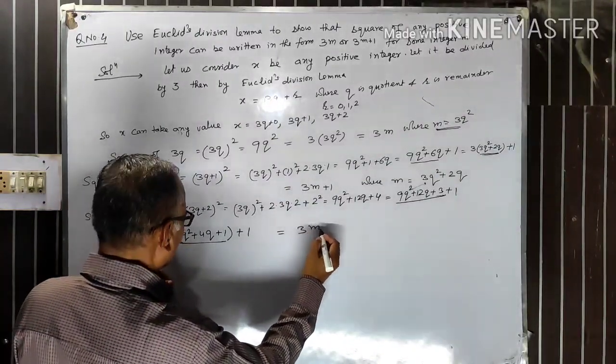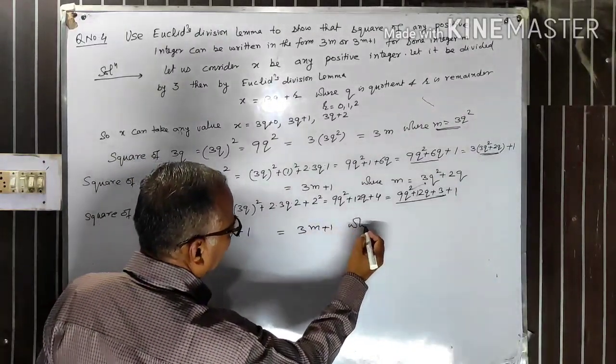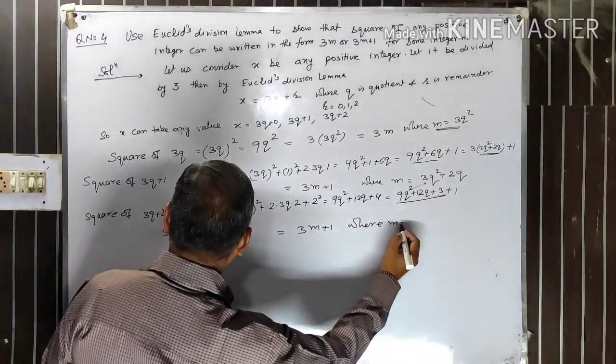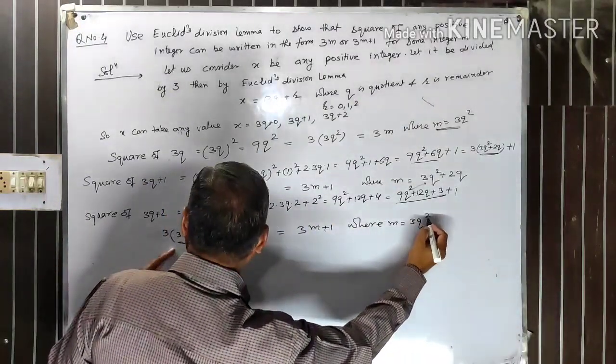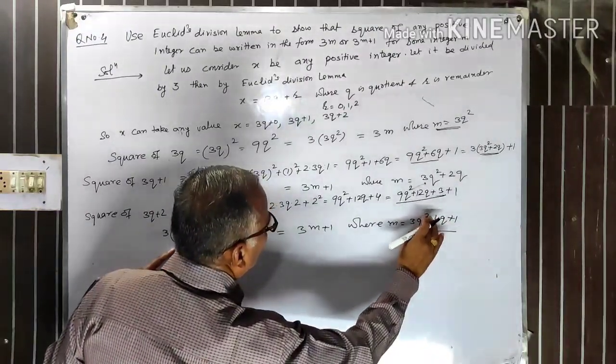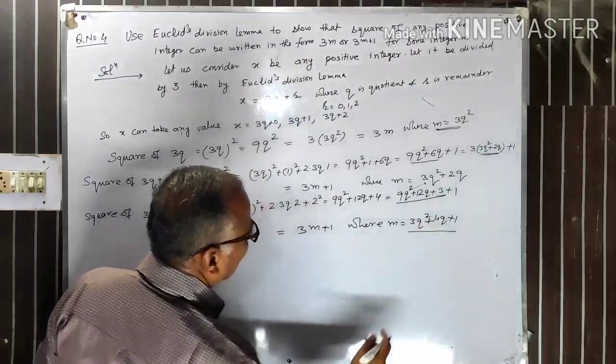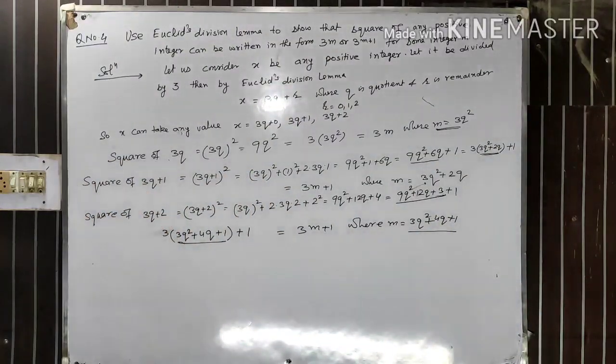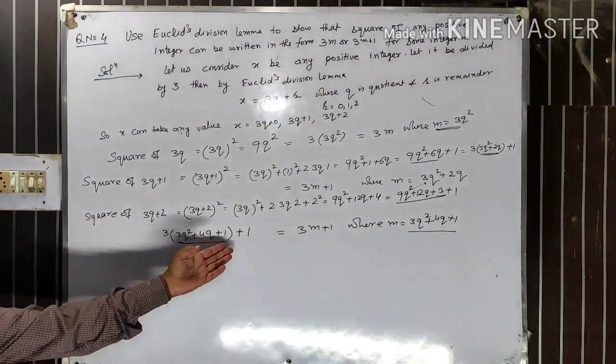So this can be written as 3m plus 1, where m is equal to 3q square plus 4q plus 1.